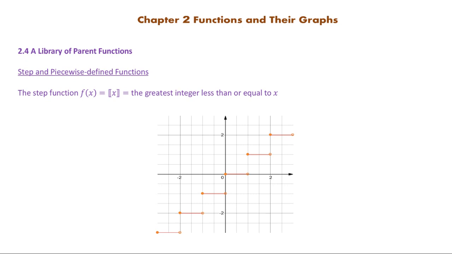For each piece or each step, the left-hand side is closed because, as we just discussed, the left point is always included in the piece. But on the right side, we have an open circle for each piece because it jumps up 1 unit at that point. So the right-hand point of each piece is not included in the piece.